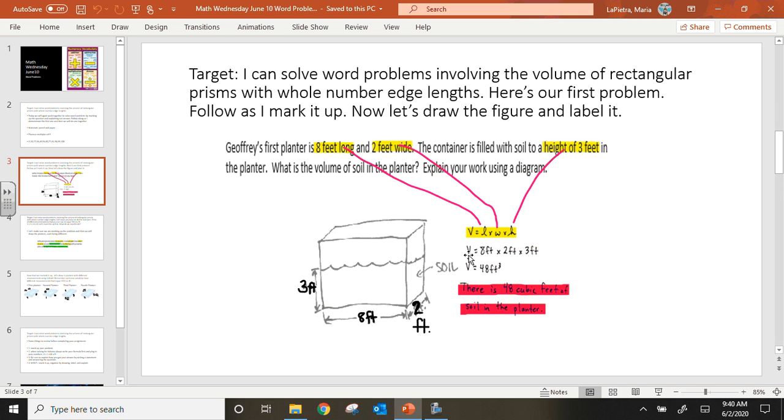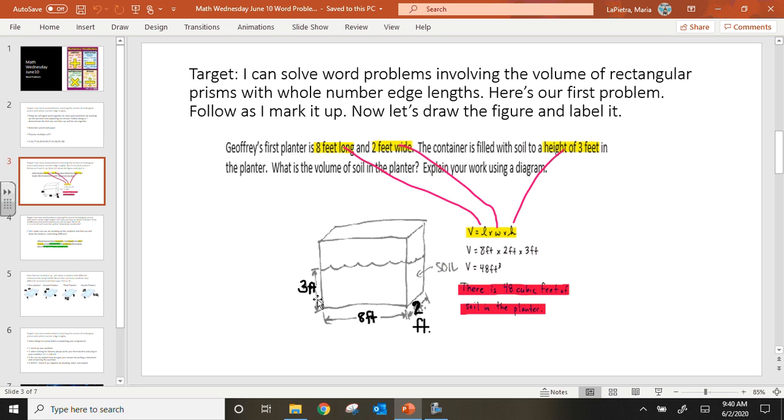So our volume equals our length, which is 8, that's plugged in, times our width, which is 2, times our height, which we highlighted, which is 3, which goes up and down, how high it is. When they say depth or how deep it is, that means how high it is, that's the height.